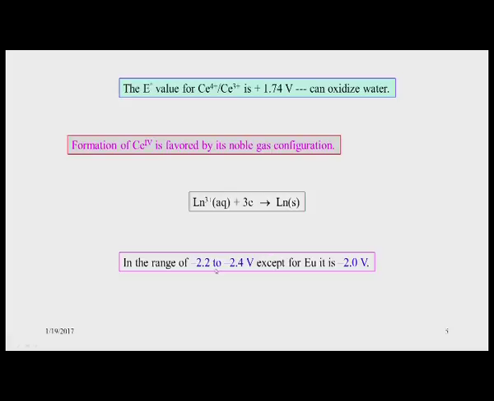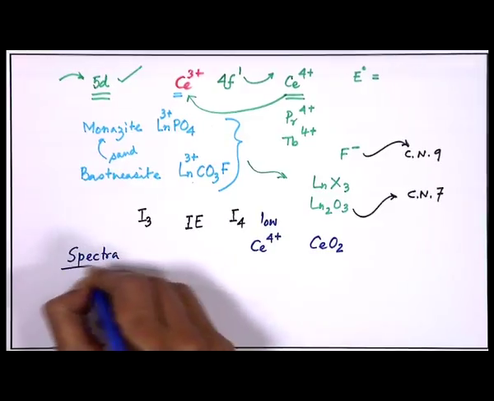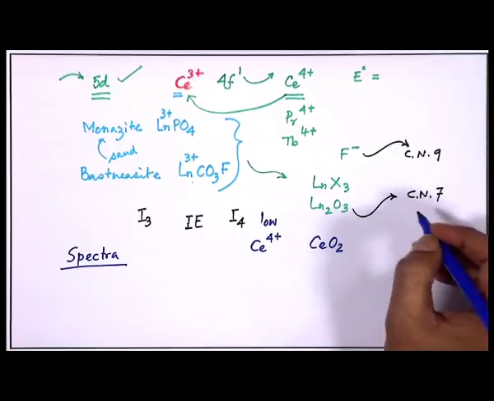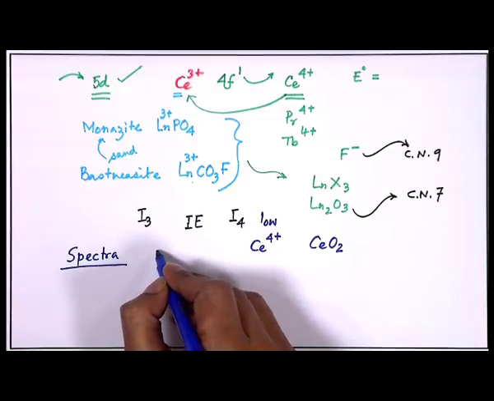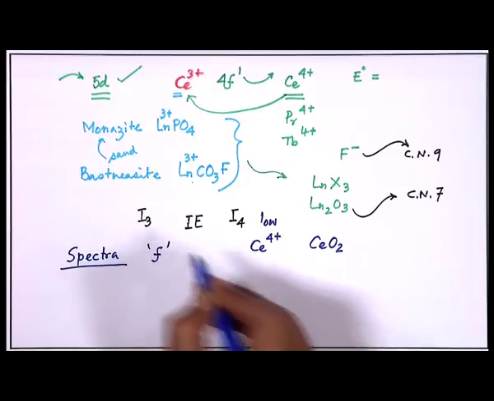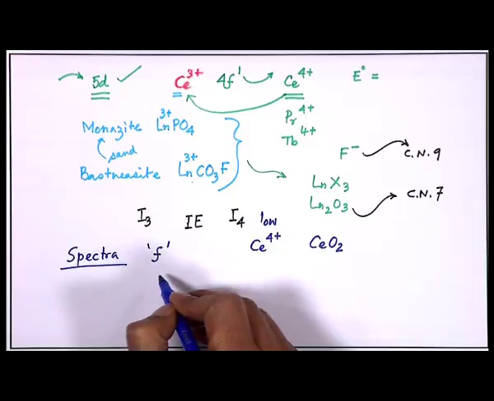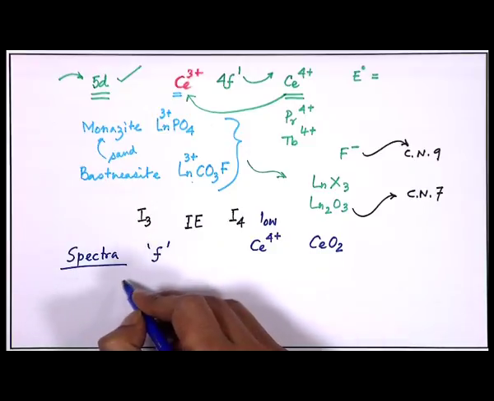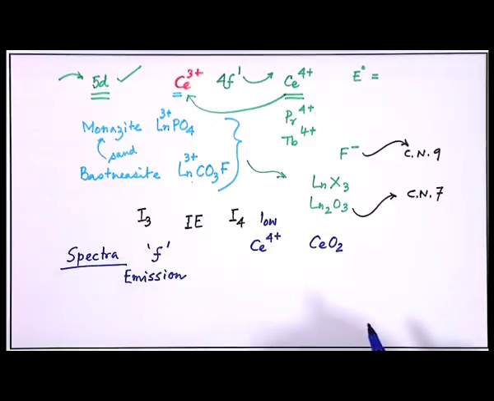The F block elements are very interesting to study, and they have some good applications also, because spectroscopically, what we have seen are the spectra for the 3D elements in aqueous solution, but in these cases, when we have F electrons, not absorption but some emission pattern can be observed, like our atomic emission for the sodium flame test.